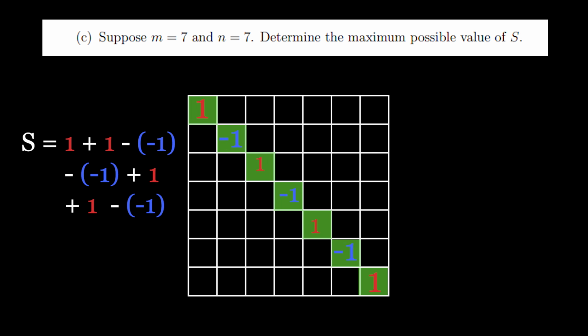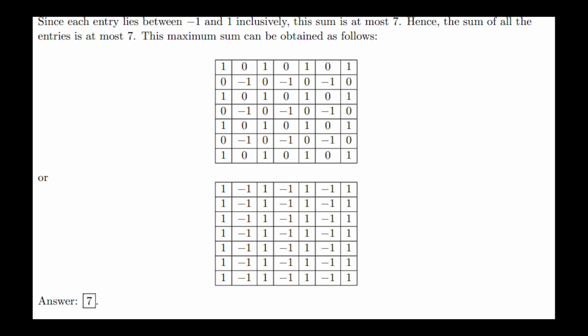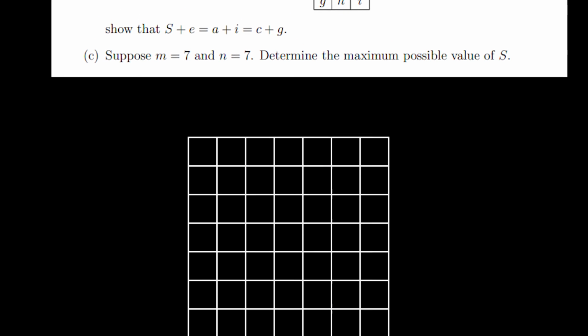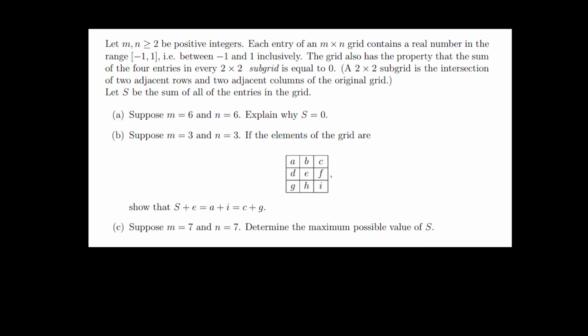After some simple calculations, we arrive at the final solution, 7, which is not surprising at all since there's literally 7 squares in this equation. And that is the 2021 COMC C2 explained.